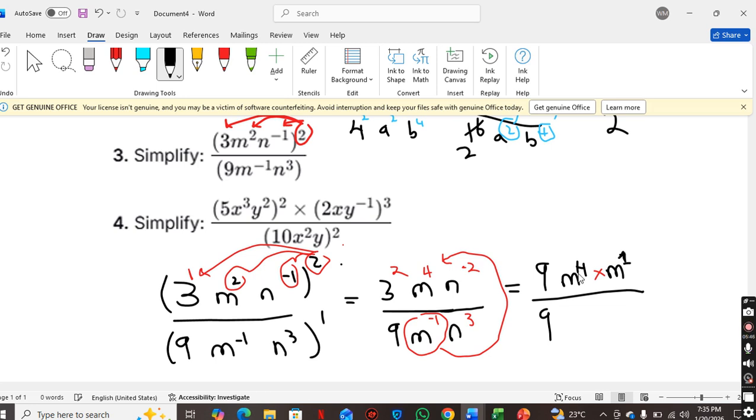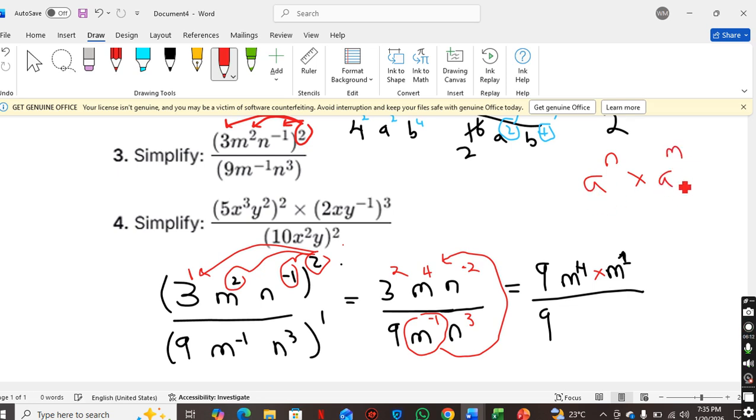Okay? And when you multiply these two, remember when you are multiplying the same bases, laws of indices, let me write this law down here. a to the power n times a to the power m.